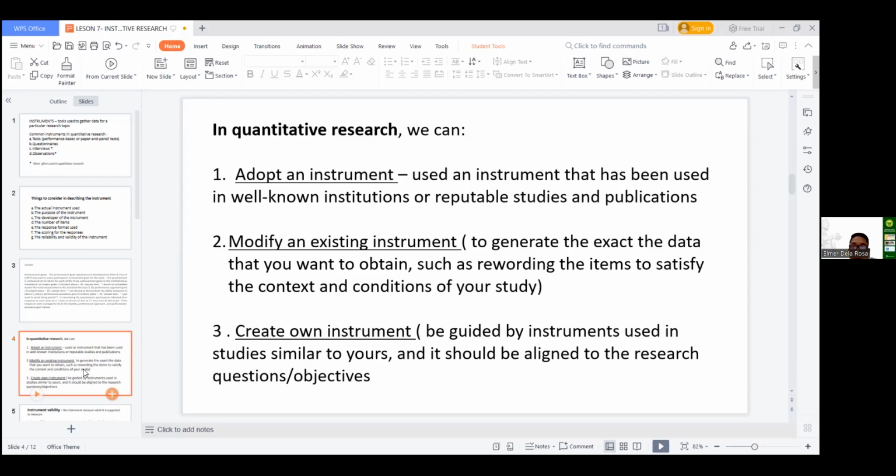So maglalagay lang sila ng sample items and then they are welcoming other researchers to contact them and have their instruments used. Then isa-cite mo lang siya. So the more times that research is cited, then the better of him. Kasi dumadami ang kanyang H-index o tumataas ang kanyang citation index.